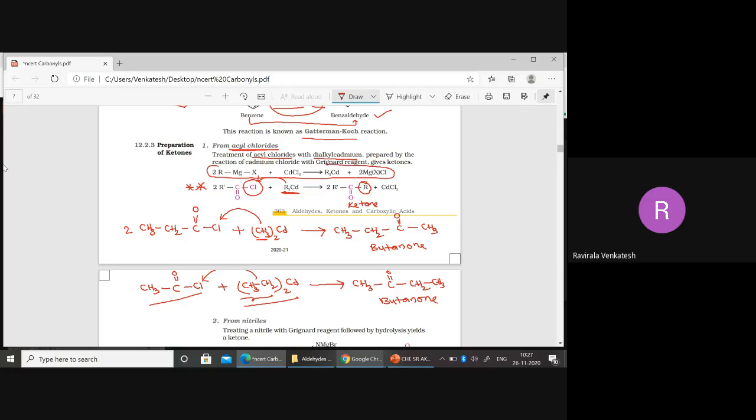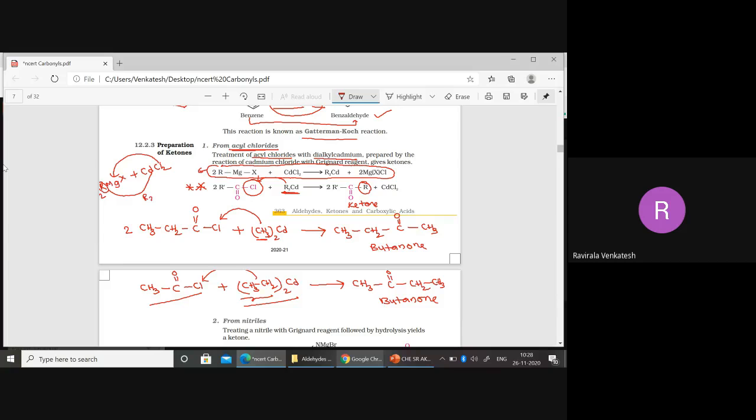How do we get dialkyl cadmium? Generally dialkyl cadmium is not available in nature, so we have to prepare it. For that, this reaction will be useful: RMgX reacts with cadmium chloride. Very simple. Two moles of the alkyl group will come here and the chlorine will go there. So we get dialkyl cadmium.